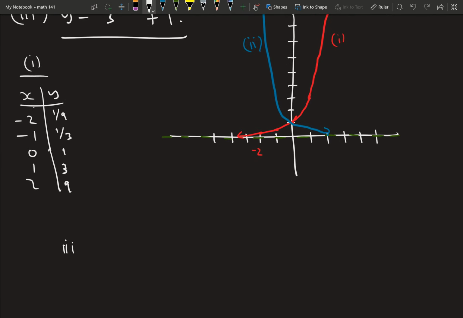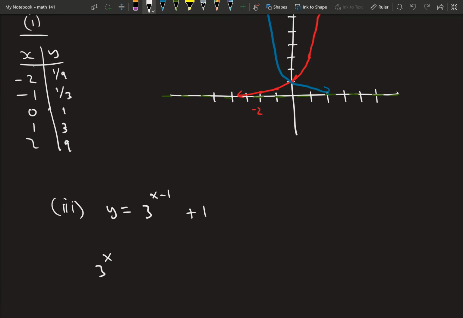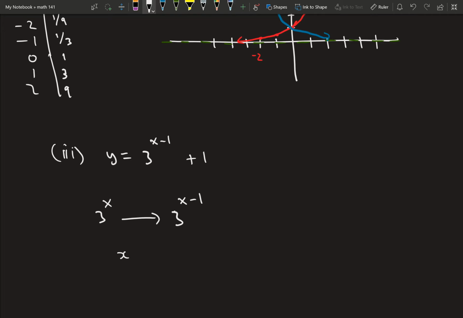So for 3, we have y equals 3 to the x minus 1 plus 1. So how do we get there from 3 to the x? Well, if we replace x with x minus 1, this is what we have to do to get from 3 to the x to 3 to the x minus 1, and that's a shift to the right by 1 unit.